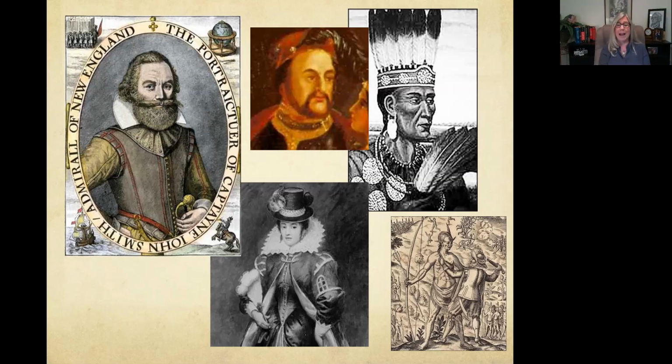Now, did the two interact? Probably. Pocahontas did learn English, and I think that this is something that you need to be clear on, is that she was used by the tribe in a number of ways to interact with the English. One of the ways is she began to learn English pretty quickly.